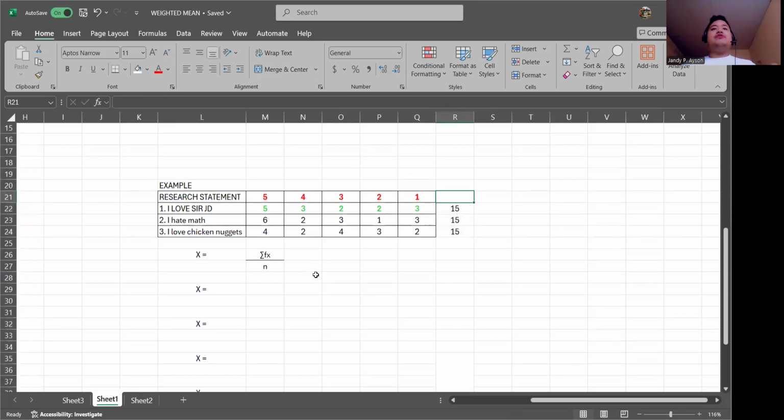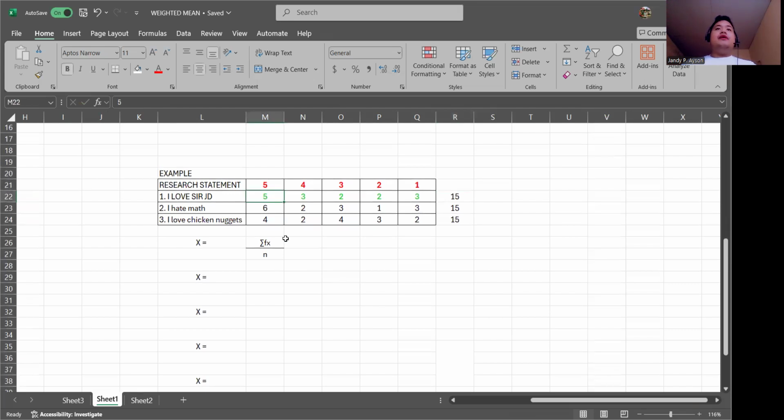So, now let's try to compute number 1. So, for example, okay, so, summation of fx over n, yung formula ulit natin. So, punta ko kay number 1. Ilan yung nagsabi ng 5 daw? Merong 5. So, 5 times 5 plus, ilan yung nagsabi ng 4? Tatlo. So, meron tayong 3 times 4.